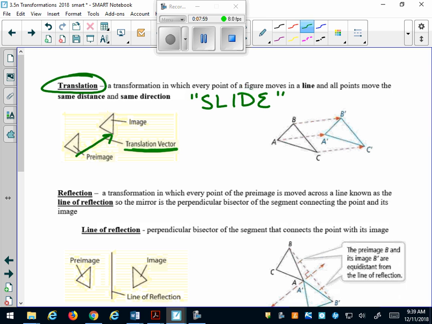I know it's confusing because the big word topic for all of this is transformation, right? That means it changes in any way, shape, or form. Transformation. This is a translation. It's literally just translate. You're just going from one thing to another location, just a slide.